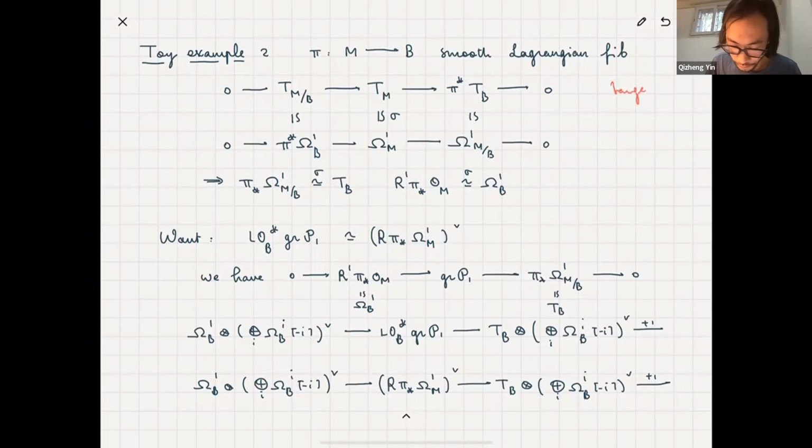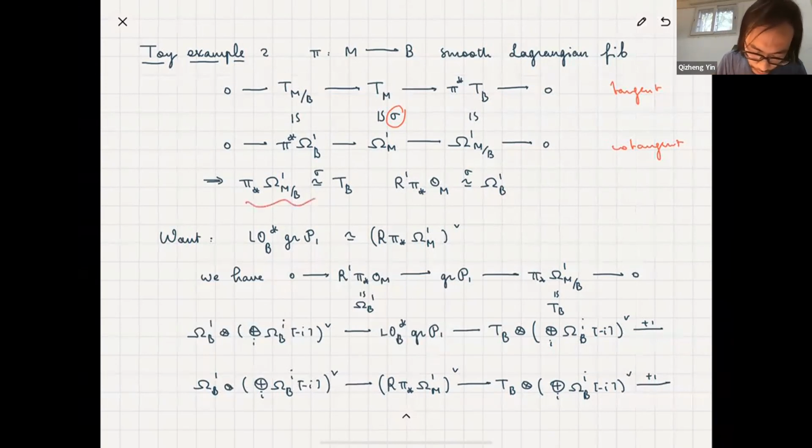And then the symplectic form builds a bridge between the tangent bundle of M and the cotangent bundle of M. Under this isomorphism induced by the holomorphic symplectic form, you can identify the pullback of the tangent of B with the relative cotangent, and the relative tangent with the pullback of the cotangent. So this is how you do the matching.